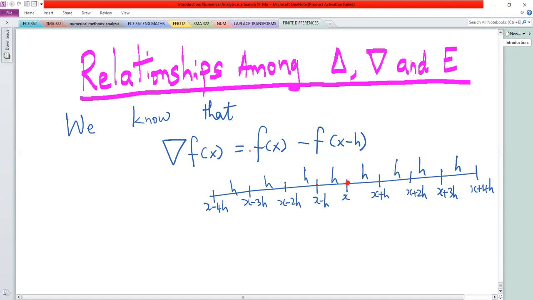So if you want to define the backward difference of f of x, at this point here, you simply define the difference between where you are standing and the previous point, which is f of x minus h. So this is by definition.